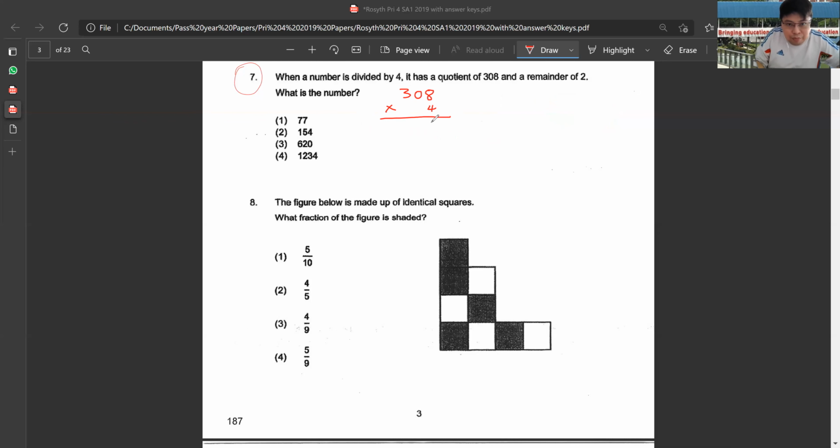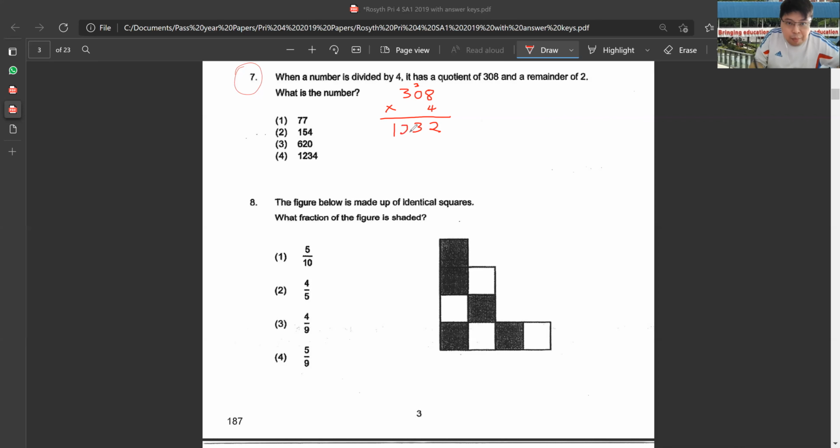8 times 4 equals 32. Very good. Then you put 3 on top. So imagine there's a 3 here. 0 times 4 equals 0, but plus the 3 equals 3. Then 4 times 3 equals 12.